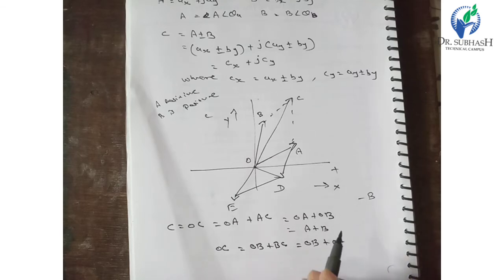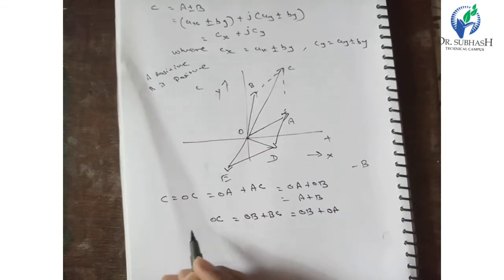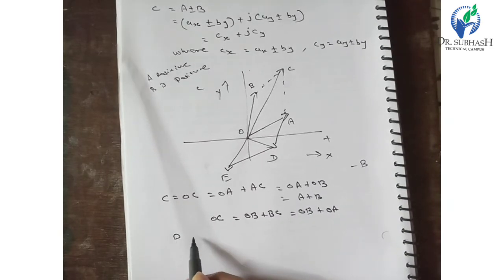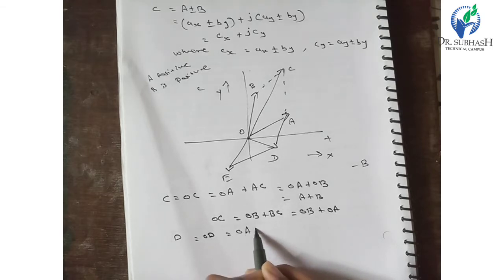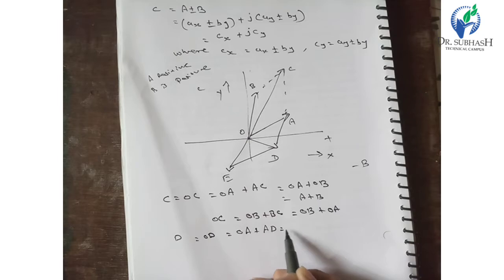The line ED is equal to OA, thus we can write D is equal to OD. So OA plus AD is equal to OD.